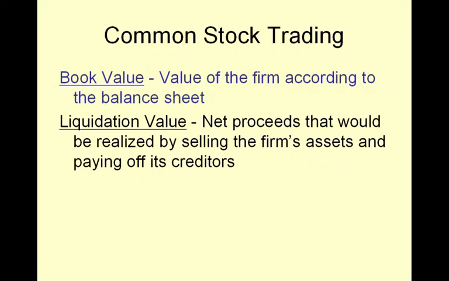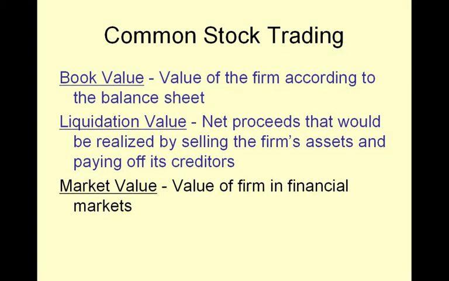Then the proceeds of that sale would go first to paying off the creditors, and then whatever's left over is the liquidation value that's available to the shareholders or owners of the firm. Finally, market value is the value of the firm in the financial markets as a going concern. Market value is determined by the stock price times the number of shares outstanding.